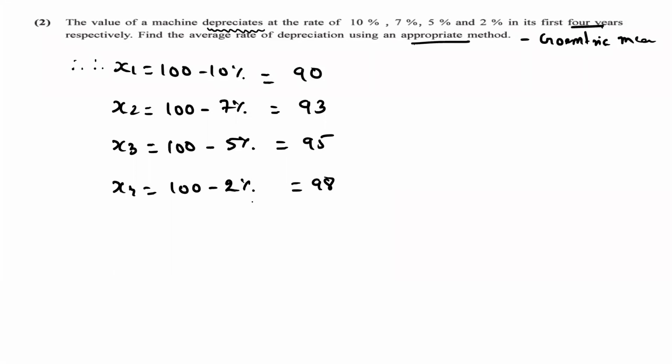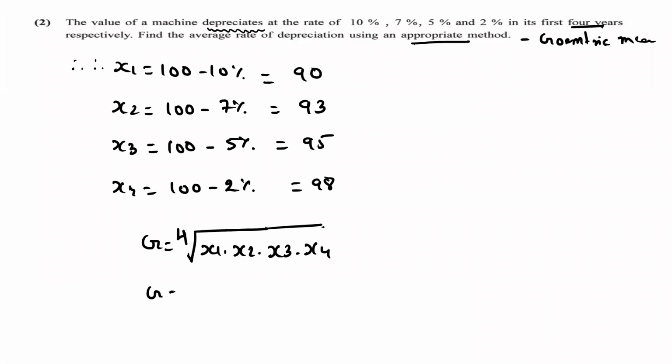Okay. So now I am writing my formula. What is the formula? G is equal to the 4th root of X1 into X2 into X3 into X4. 4 variables are there, so I am writing 4 here.